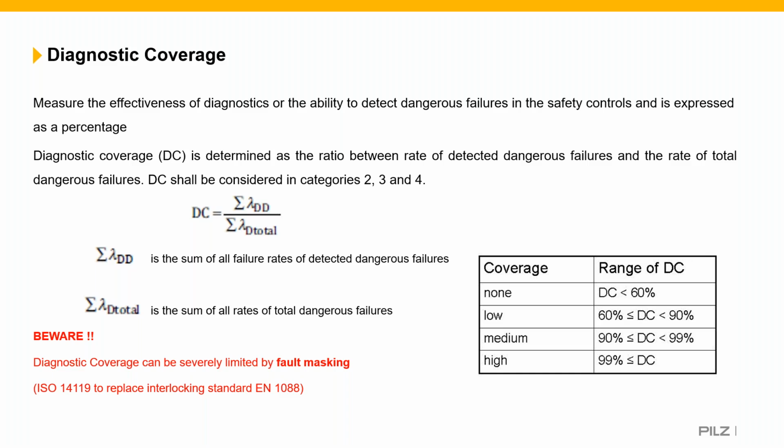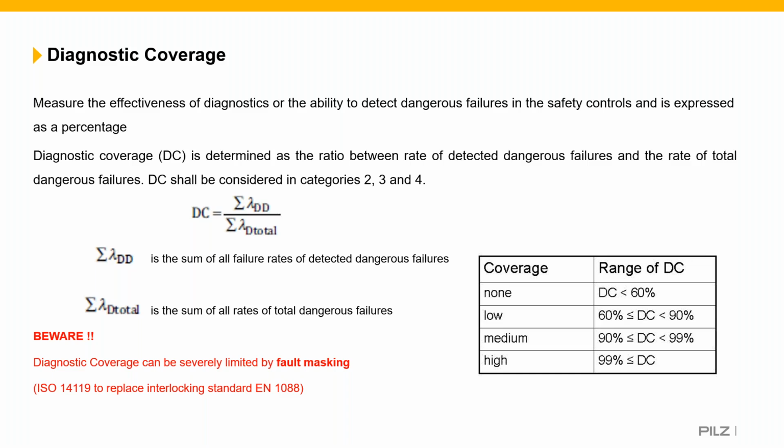It's expressed as a percentage, and the way the calculation is determined, it is the sum of all failure rates of detected dangerous failures over the sum of the rates of all total dangerous failures. So your system, to claim any diagnostic coverage, must be able to detect upon itself 60% of all dangerous failures. If you can't, you cannot claim any diagnostic coverage, and there's implications to that which we'll look at later.